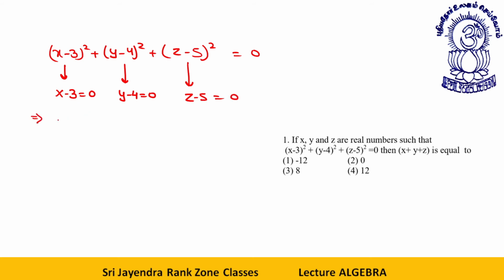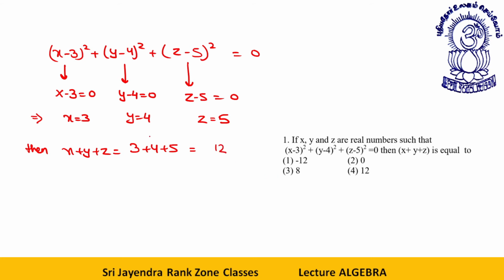This implies x is equal to 3, y is equal to 4, z is equal to 5. Then x plus y plus z will be 3 plus 4 plus 5, which is 7 plus 5, 12. This is your answer, option number 4.